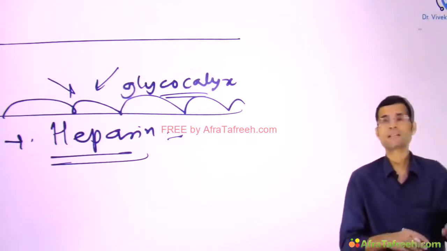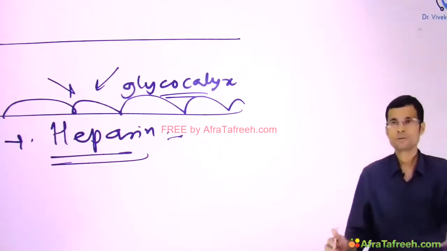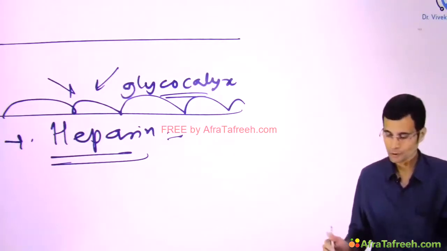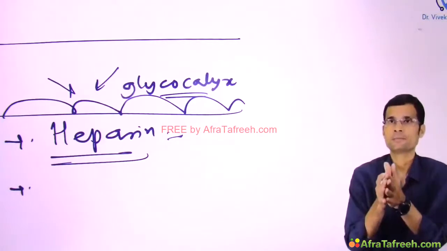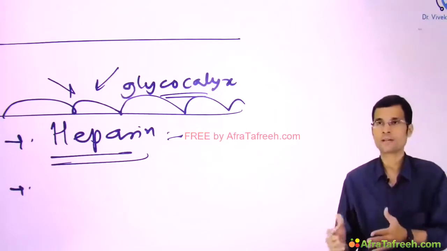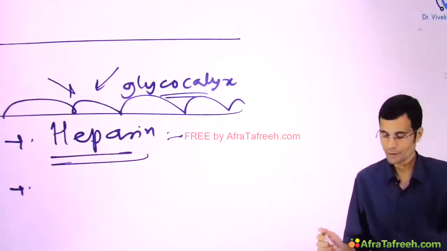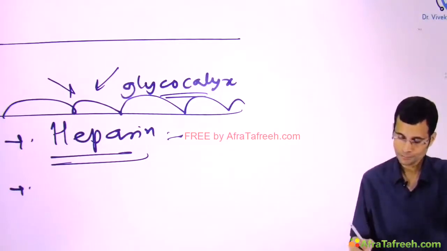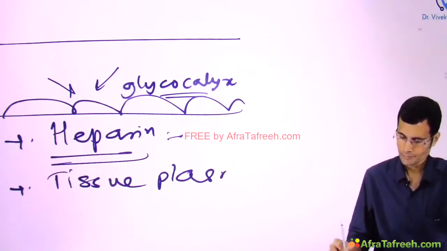The patient has a tendency to form clots, and therefore the patient is heparinized. So that's the use of heparin in the hospitals. Here we are talking about heparin that's formed in the body, in vivo, as an anticoagulant, and heparinized patients as the in vitro use of the anticoagulants. Tissue plasminogen activators.